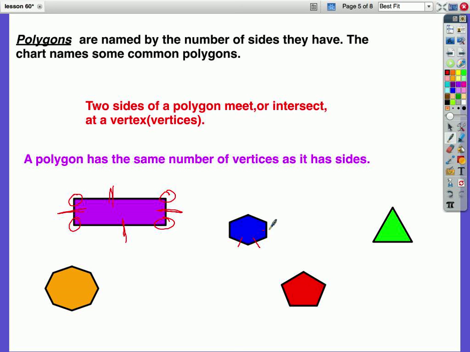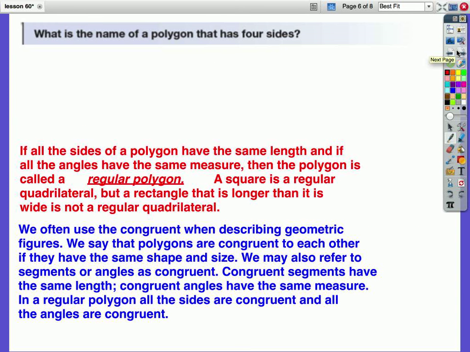Here we have 1, 2, 3, 4, 5, 6 sides. 1, 2, 3, 4, 5, 6 vertices. 3 sides, 3 vertices. 8 sides, 8 vertices. 5 sides, 5 vertices. So it has the same number of sides and vertices. So what is the name of a polygon that has 4 sides? We said it was a quadrilateral.